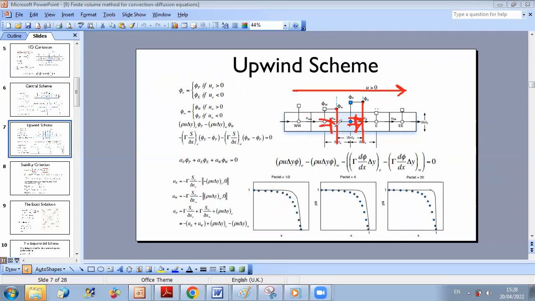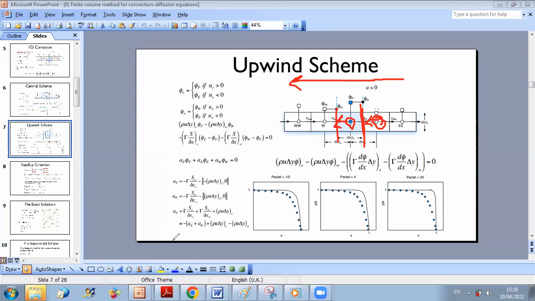However, if u is negative, so if your flow is in the other direction, phi at the east face will be equal to phi at point E, and phi at the west face will be equal to phi at point P. So whenever we use the upwind scheme, we should know the direction of the flow to be able to determine the coefficients.